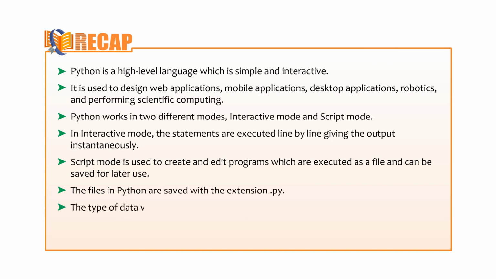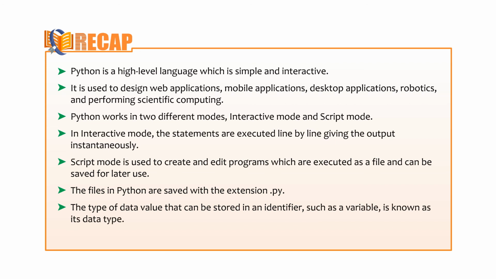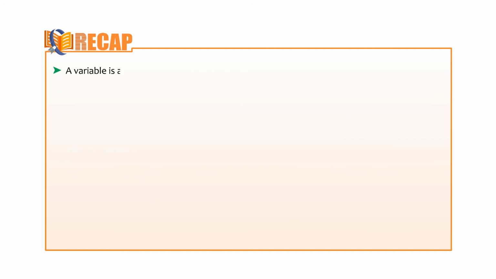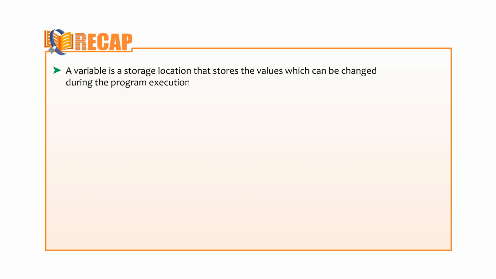The type of data value that can be stored in an identifier such as a variable is known as its data type. The data type of a value or a variable is an attribute that tells what kind of data it can have. A variable is a storage location that stores the values which can be changed during the program execution.